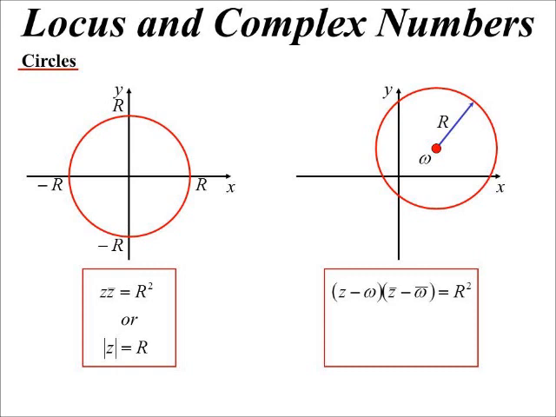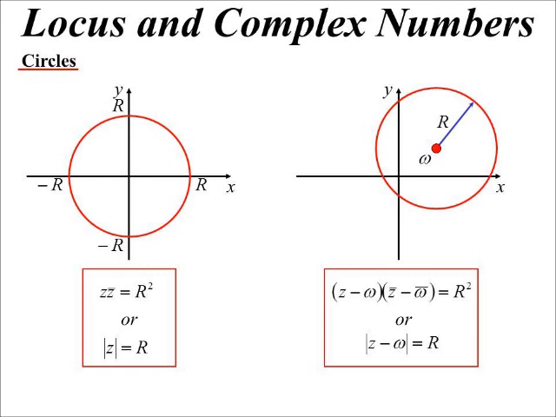So what we're really saying is the length of when I join z up to w is always going to be r. So again, you would get a circle. And it's still like our familiar idea back from coordinate geometry. If we shift the centre, we always go minus the coordinates of the centre. Well, it's exactly the same idea. We're going z minus the coordinates of the centre, or in this case, the actual complex number of the centre.